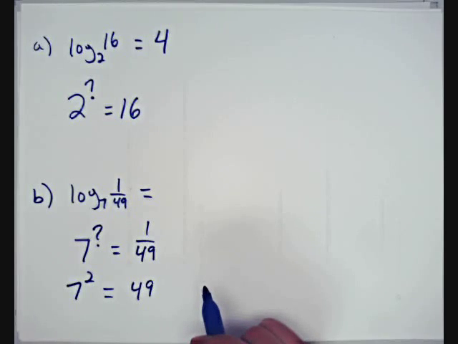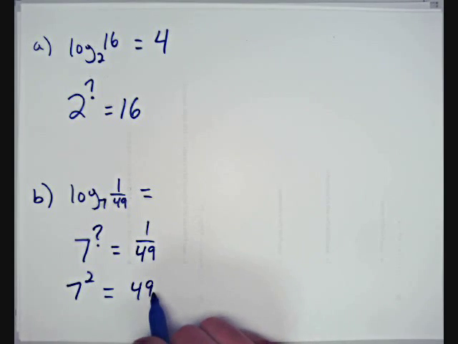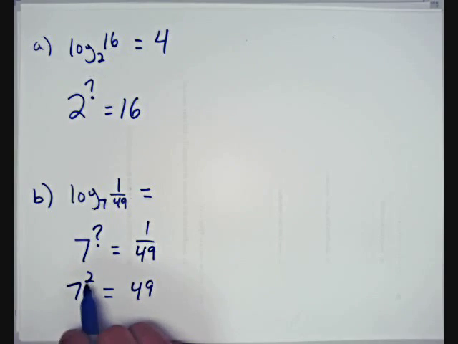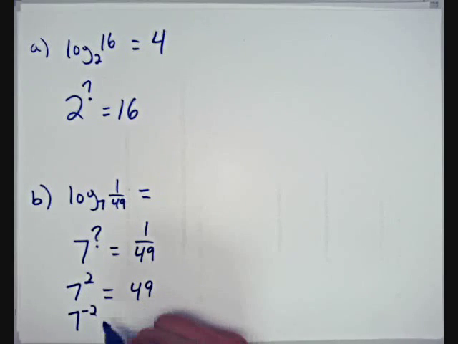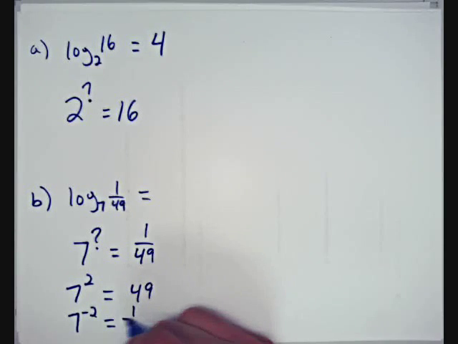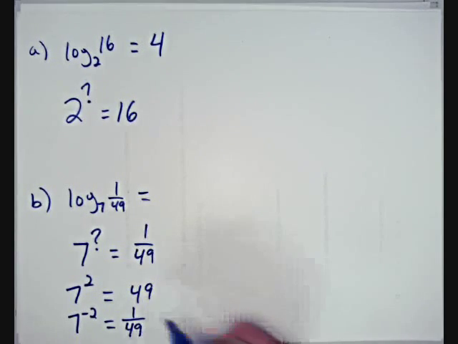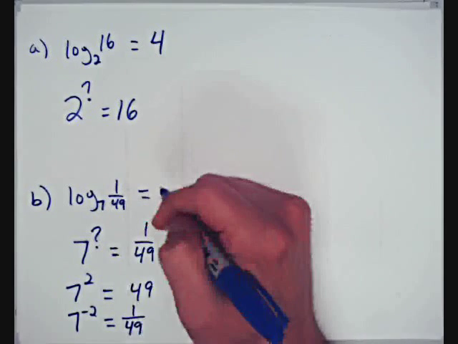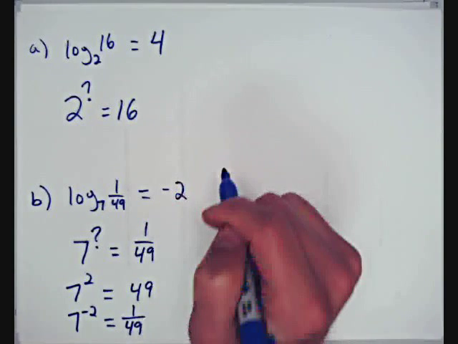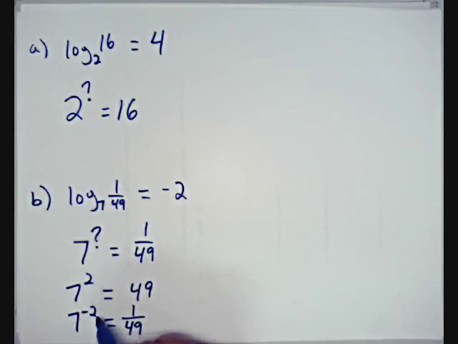Well, there is a property of exponents that allows you to take a number and get its reciprocal, and that property has to do with negative exponents. If 7 squared equals 49, then 7 to the negative 2 power, negatives flip numbers for exponents, would be 1 over 49. So the log of 1 over 49 base 7 is negative 2, since 7 to the negative 2 power is 1 over 49.